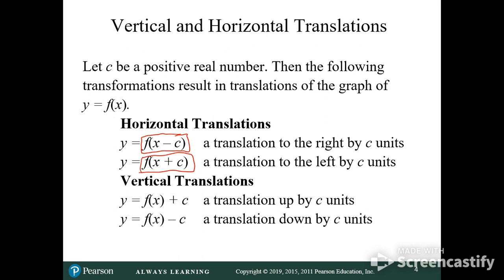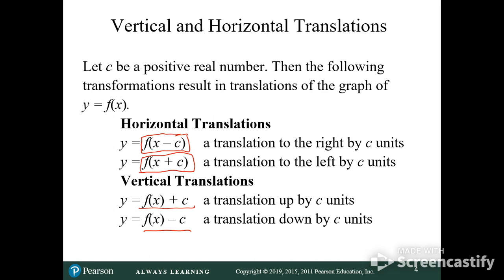If it happens outside the parentheses, plus is up, minus is down. Okay? So, are we good with that? This is just slides, translations.